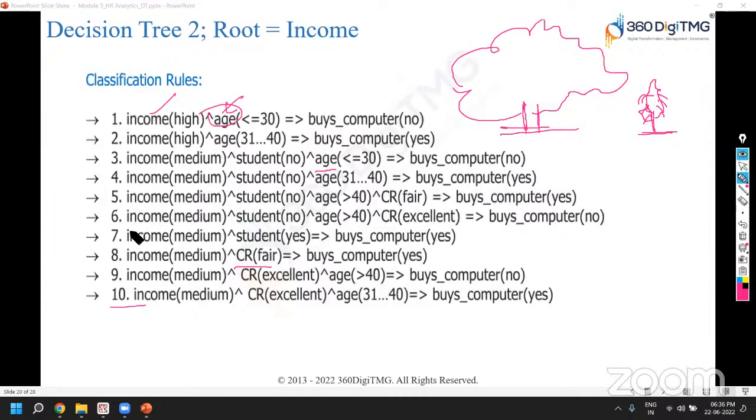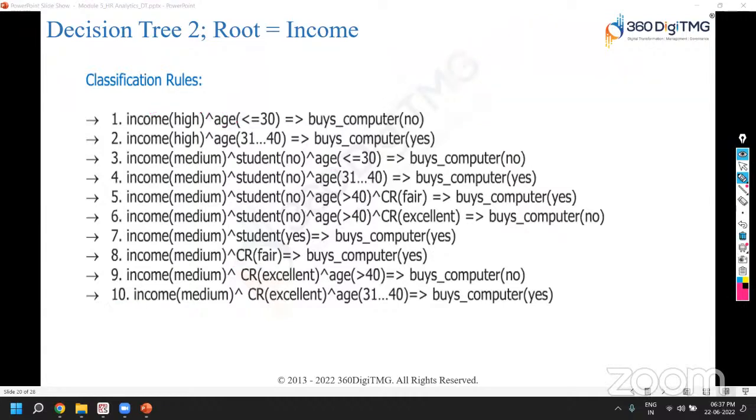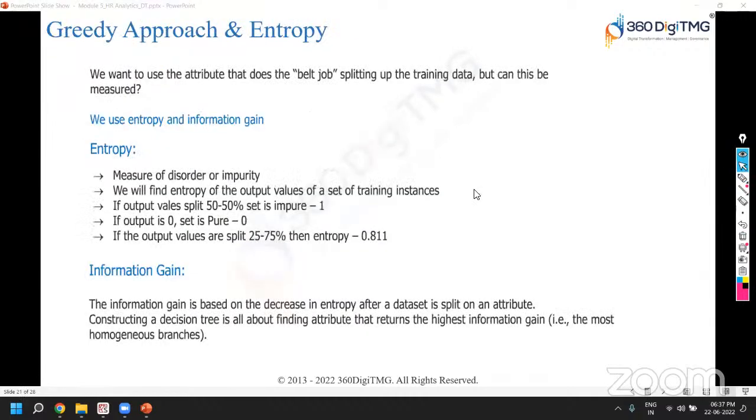The right combinations that we are developing should actually help us to take decisions as quickly as possible. So we need to get as few rules as possible, and for doing that we use entropy.